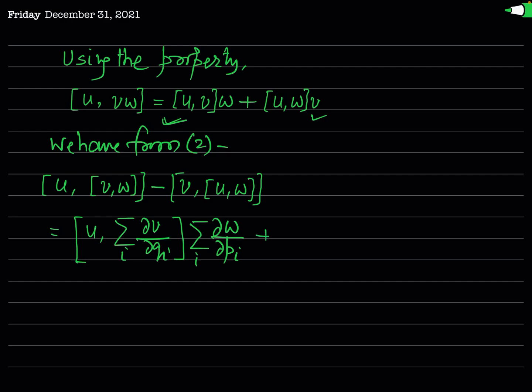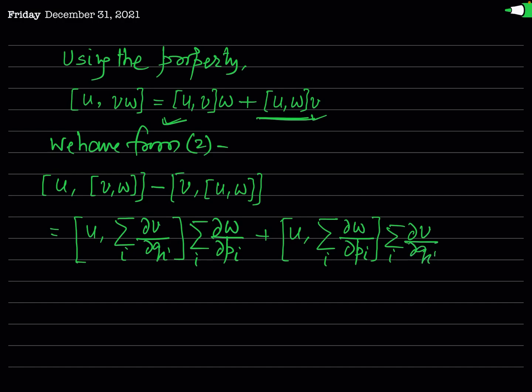and plus, now for this term you can see this will be Poisson bracket of U and summation over i del W by del Pi times summation over i del V by del Qi.